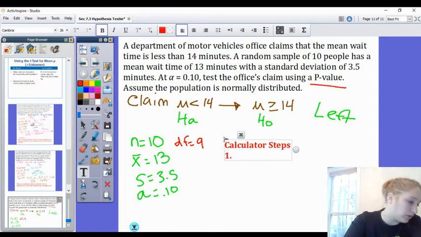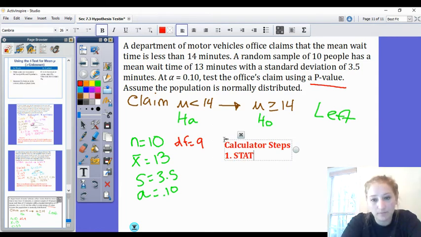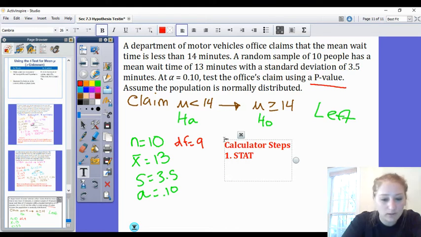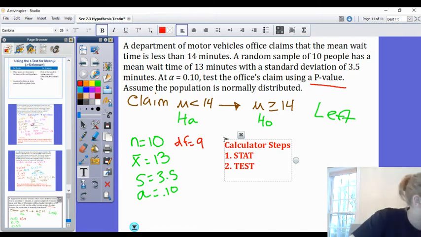The first thing that you're going to do is click on stat, and then from there go over to test. I don't know why it's so far down. Once you click on test, you're going to click on t-test.